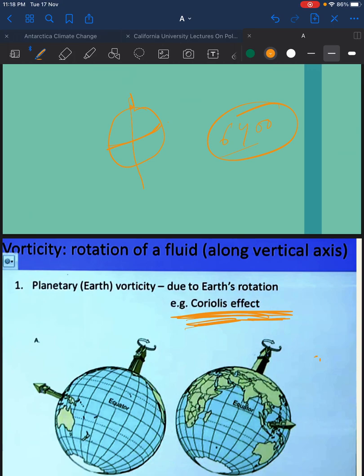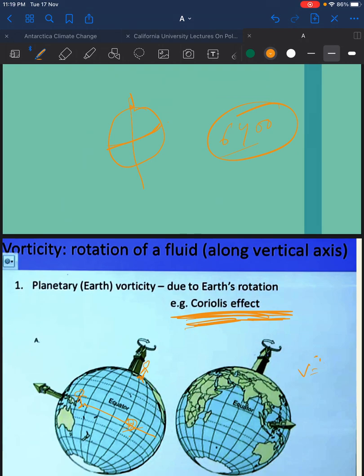Is this clear? Now both rotate in the same interval of time. That is, if a person is standing over here and a person is standing exactly on the pole, both cover one complete rotation in 24 hours. But here the distance is more. So if distance is more, that means the velocity is also more, right?